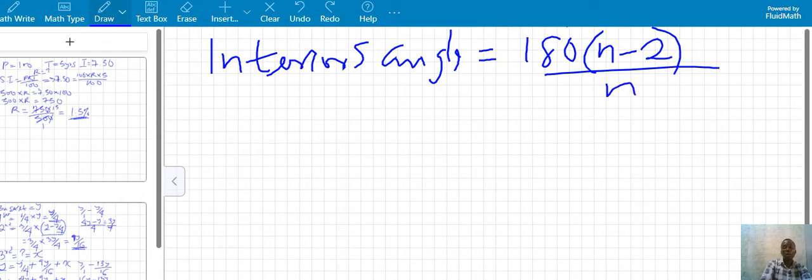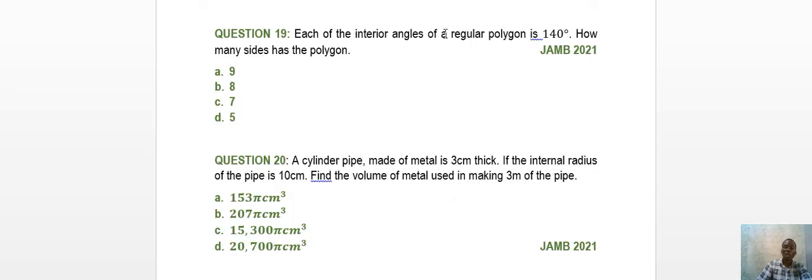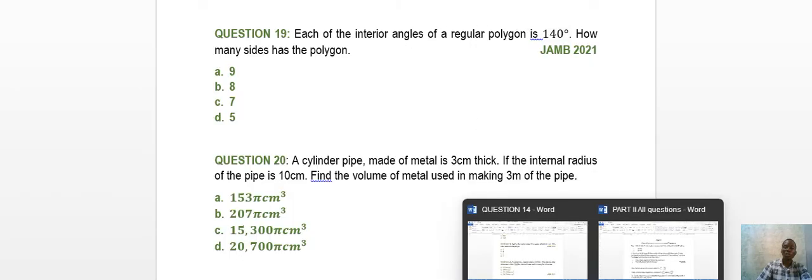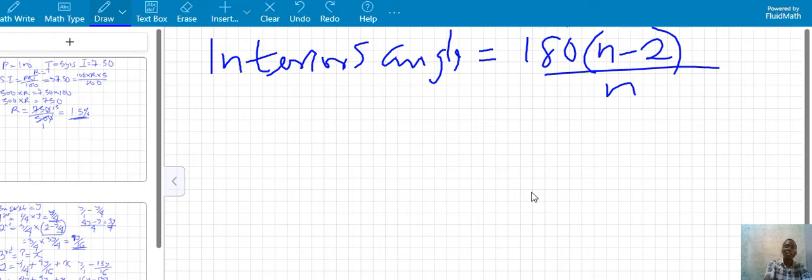Now, the question told you that the interior angle of a regular polygon is 140. So we are given this angle to be 140 degrees.